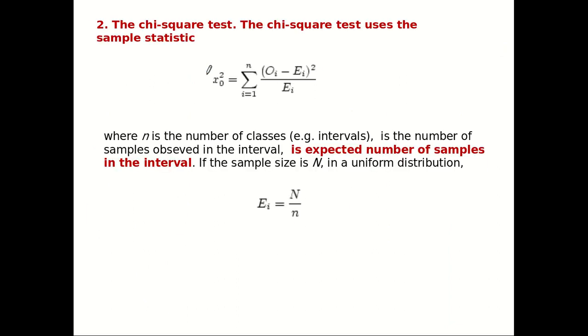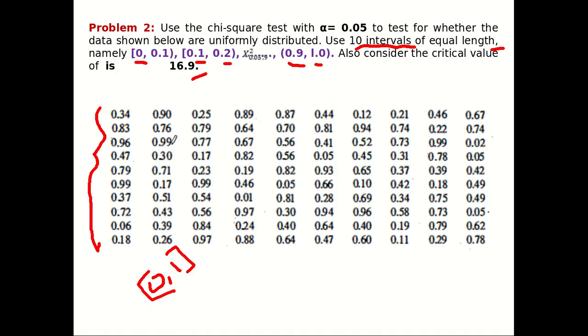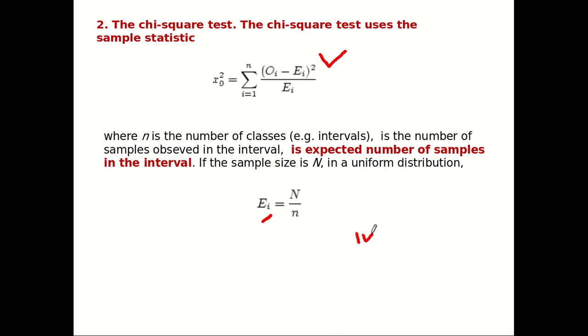First, this is the equation for the chi-square test, and first we will calculate the expected value in each interval. Total how many random numbers are there? If you count, the total is 100. So 100 divided by 10 is the expected value. In each interval we expect 10 random numbers.